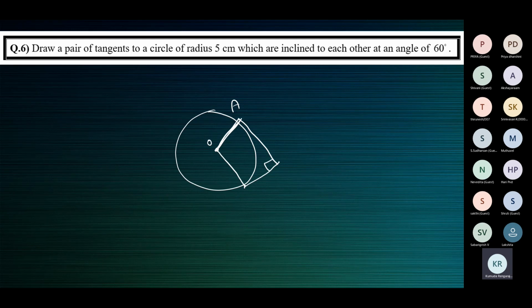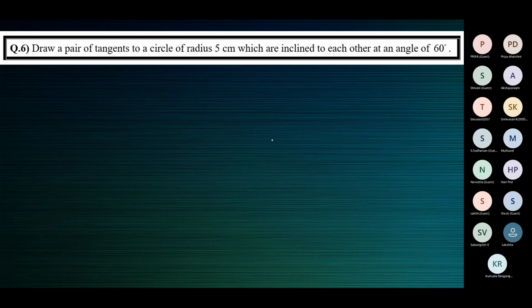That is, OA is the baseline. At O, construct 90 degrees. At A, construct 90 degrees. This is 90, construct 90 here, and 90 here. 3 angles you should construct. The 4th angle will automatically be 90. Like in the earlier one, we constructed 3 angles.